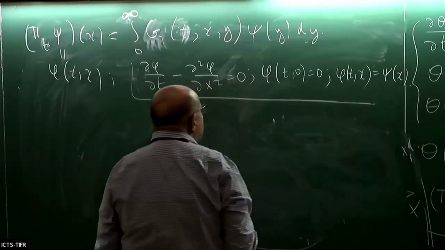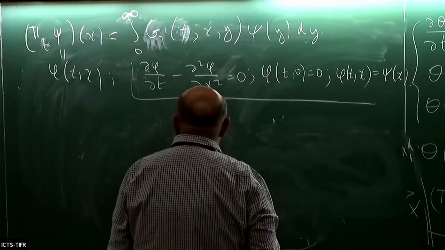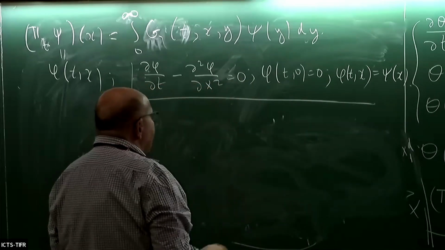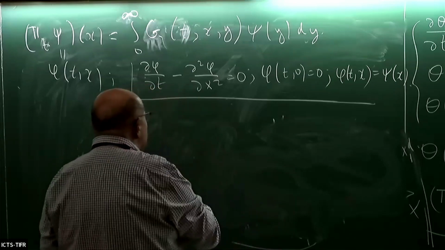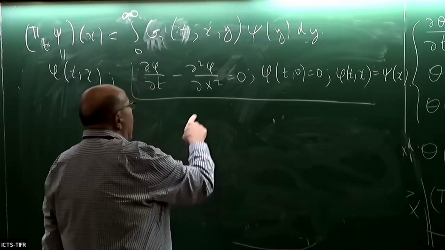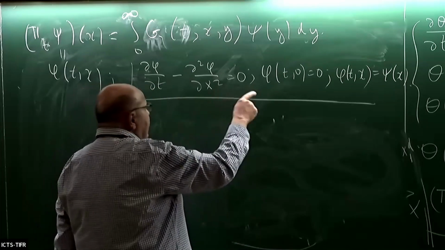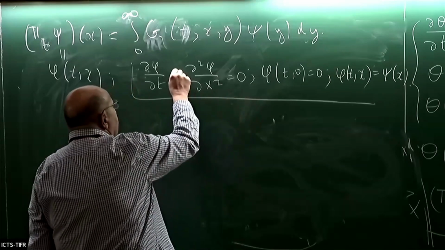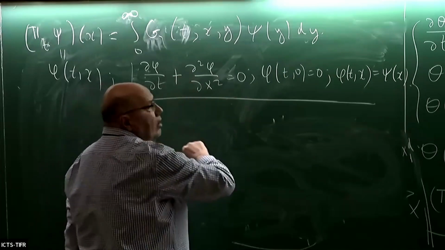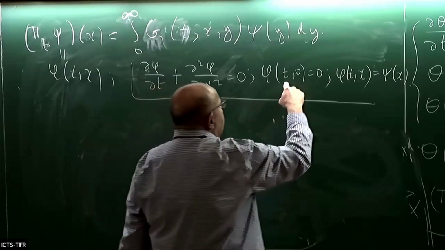And in fact, what I'll do here is reverse the sign, the change of time, by keeping the notation phi. So I replace t by tau minus t, so I will get a plus here. I take the backwards problem.